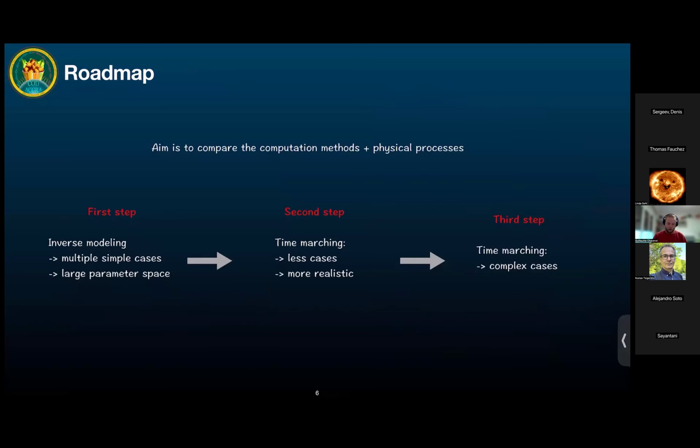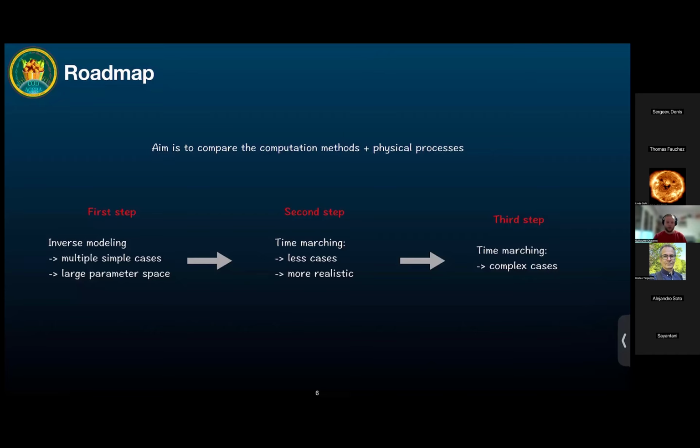So regarding the roadmap we have so far, we have basically three steps, increasing in terms of complexity, to try to include as many models as possible. The first step is quite simple, without any temporal evolution. We have a lot of cases for this. For the second step, we have a selection of cases, and we focus on time marching modeling. And for the third step, still time marching, but with more complex cases.